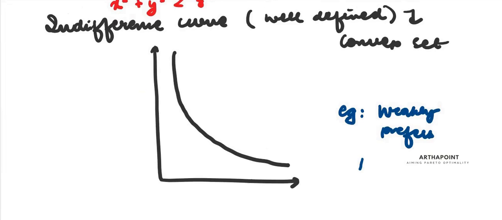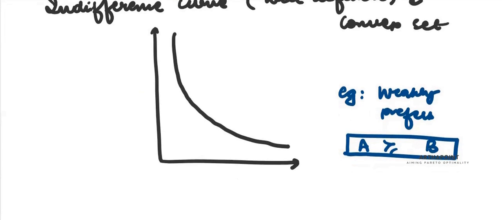So if a bundle A is weakly preferred to a bundle B, then I'm saying that this is the equation. This is what we did yesterday. So this comes down to 2 parts. Either I'm indifferent between A and B, or A is preferred over B. This is a weakly preferred set. There can be 2 possibilities.